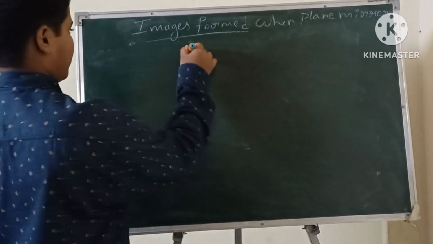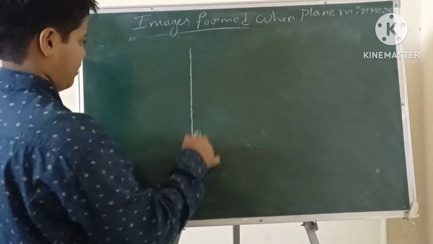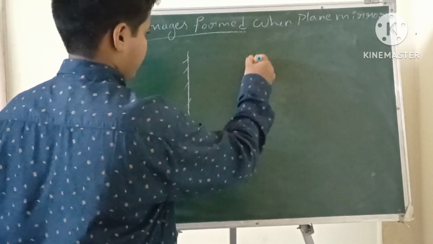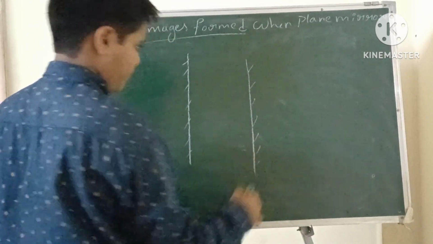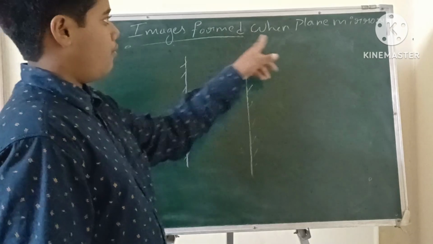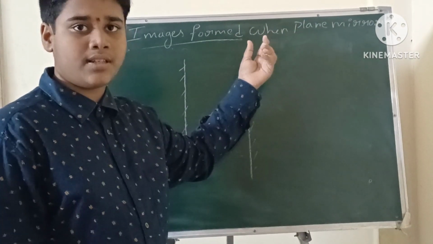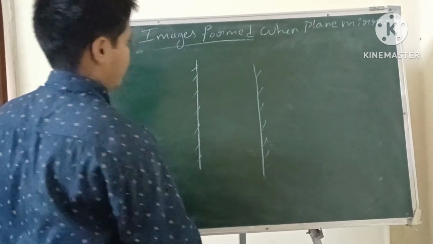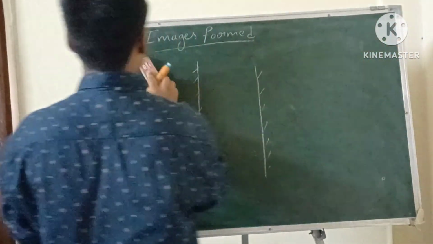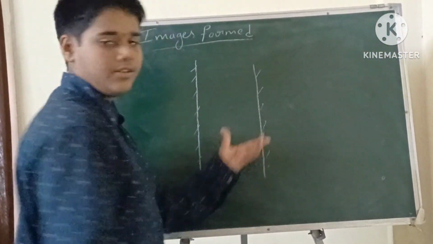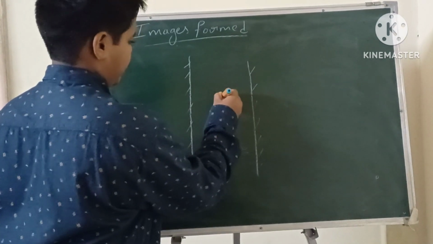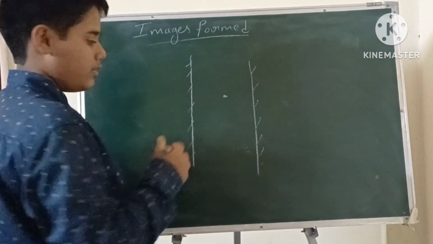So I am taking parallel mirrors. In this, we learnt that when two plane mirrors are inclined, there is a formula. For two plane mirrors in parallel, here this is an object.